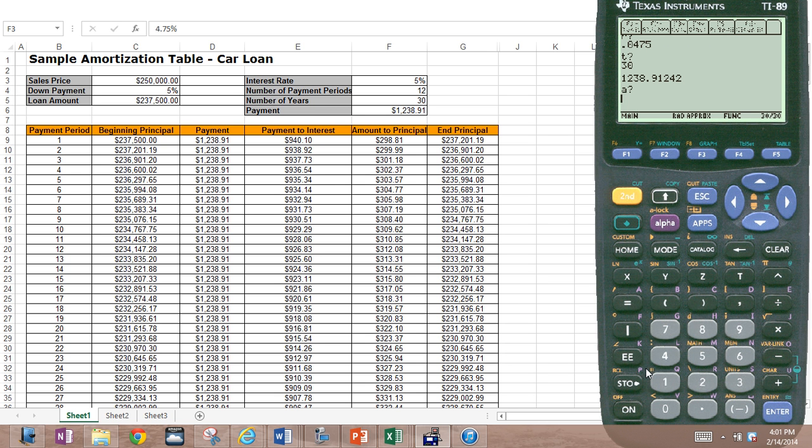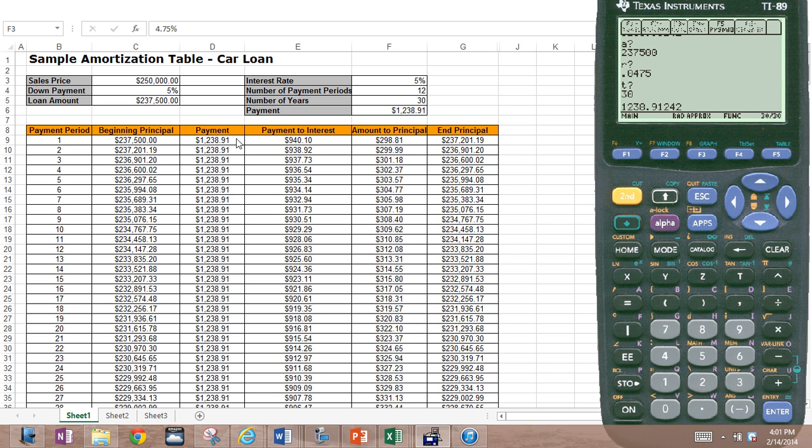We're borrowing $237,500. We've got a rate of 4.75, 0.0475, and of course we're doing this over 30 years.